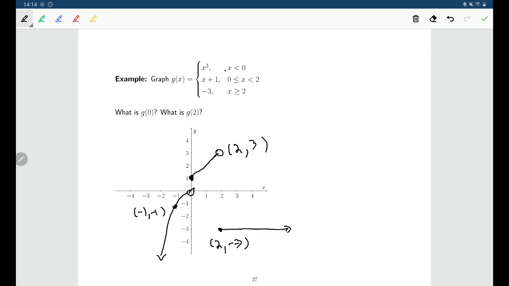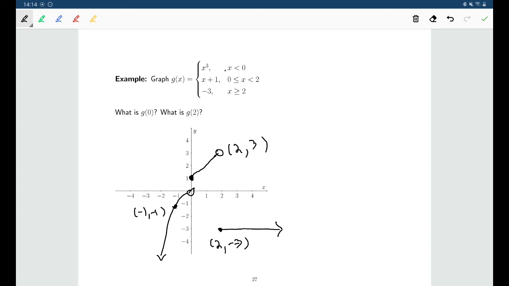I'll still label it because I want somebody who's looking at this graph to be able to tell where that straight line part ends or almost ends. So the straight line part goes from (0, 1) all the way up to, but not including, (2, 3). But I also need to have things labeled in such a way that it's clear for the reader that (2, 3) is not the point that's included. That's the hollow circle, whereas (2, -3) is the point that's included.